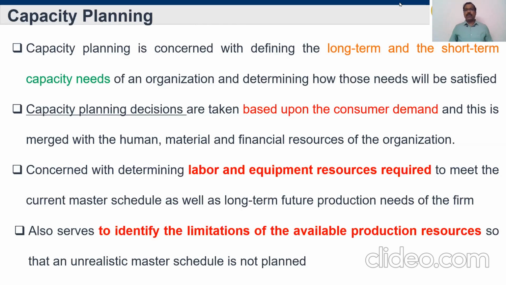They should know how much labor is required and how much equipment resources are needed for this production, long term or short term. They should also understand customer demand clearly and connect everything in our industry, like material flow, human resources, and financial resources of the company. This is what capacity planning is all about.